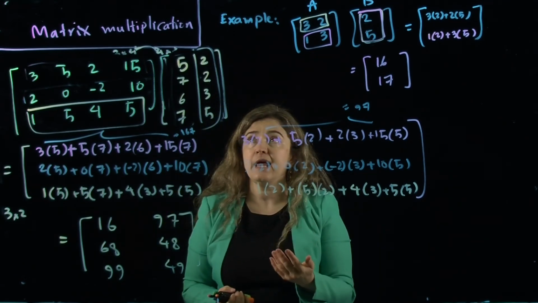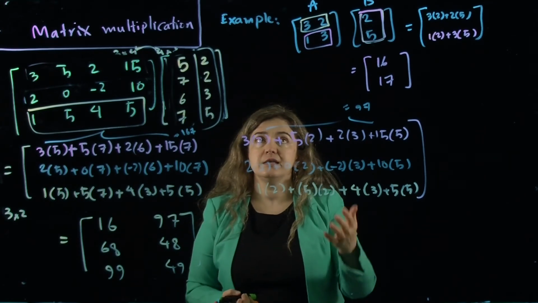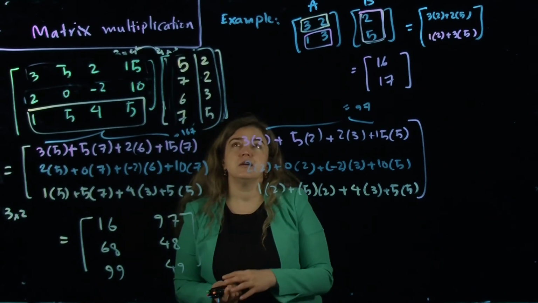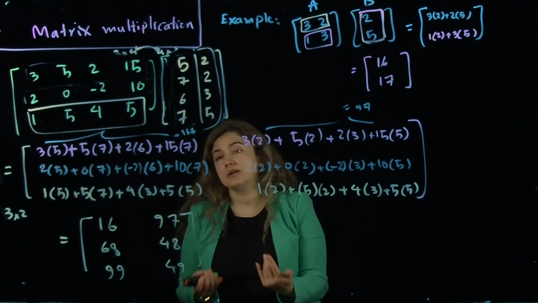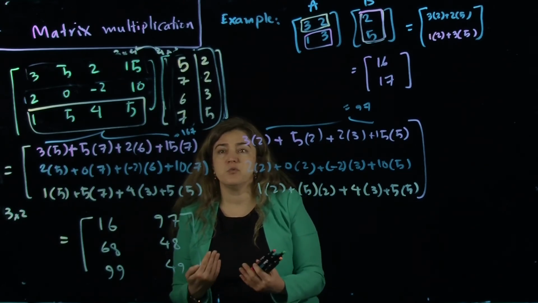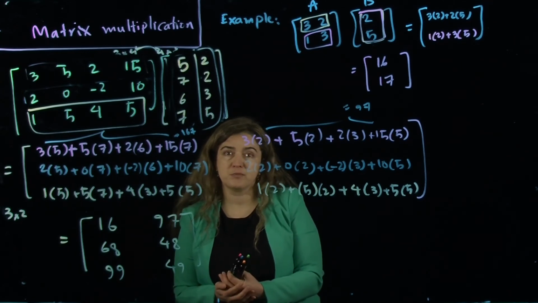And then the very last thing is I want to give you an example that explains one of the important applications of matrix multiplication. So it makes sense why we're doing what we're doing with matrix multiplication.